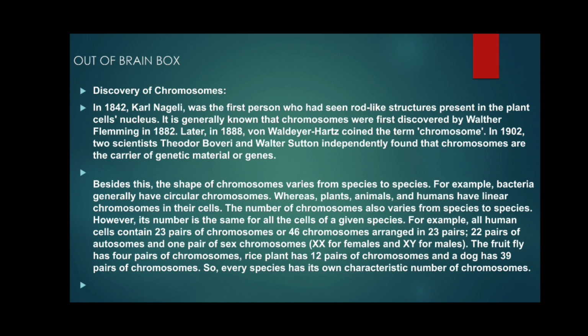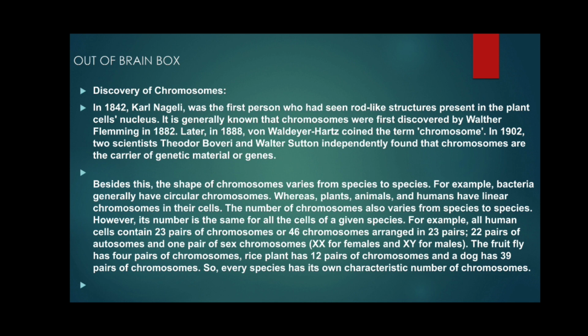Except for these, chromosomes vary from species to species. If we are talking about bacteria, then they have a circular chromosome, whereas plants, animals, and humans have linear chromosomes. And the number of chromosomes varies from species to species. As you studied, animals like humans have 23 pairs of chromosomes, and out of 23 pairs, 22 pairs are autosomes and 1 pair is the sex chromosome.